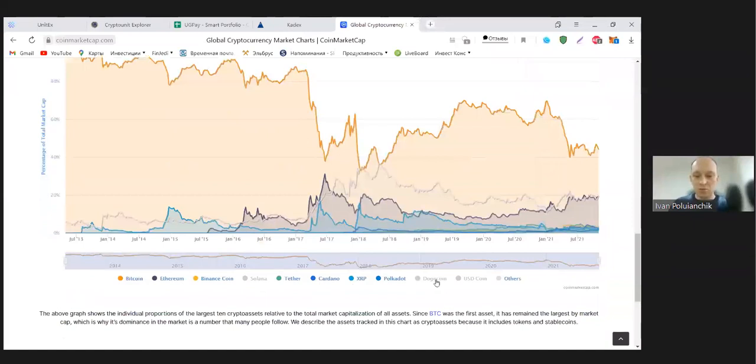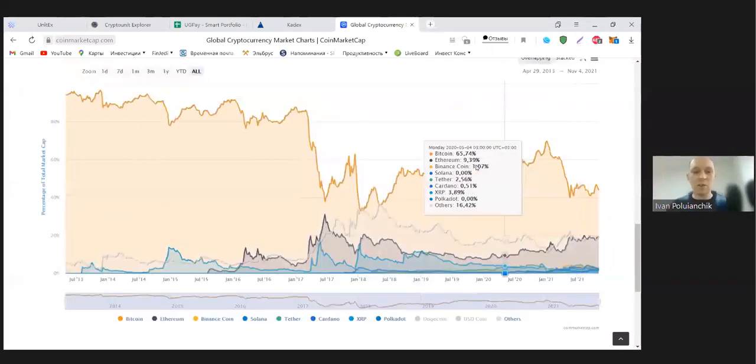And here you may look at Dogecoin, Tether, stablecoin, Solana, and so on.